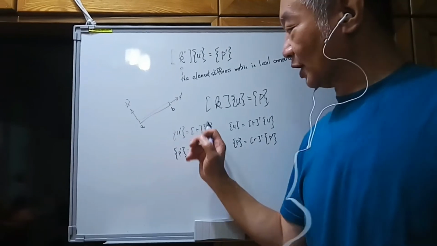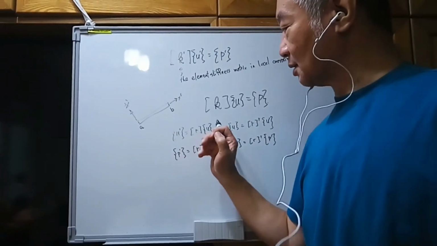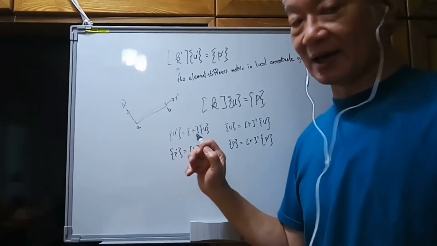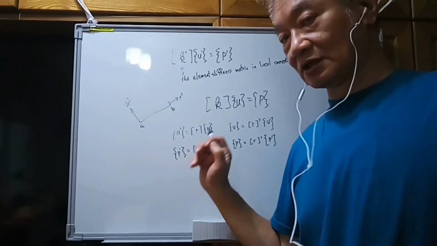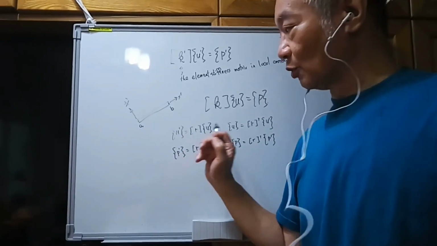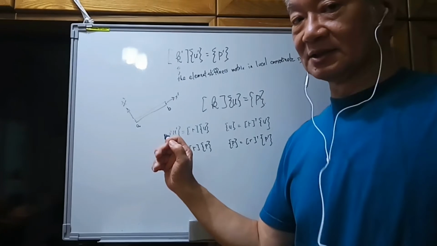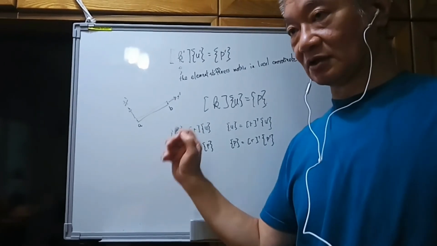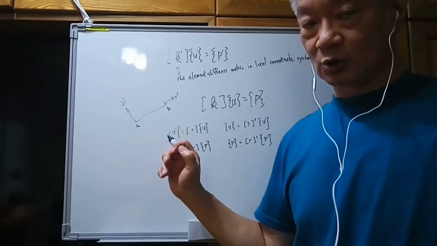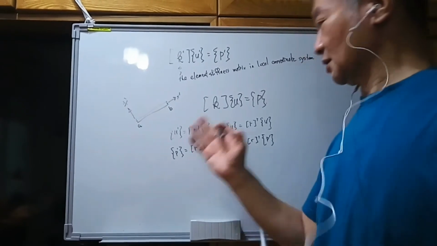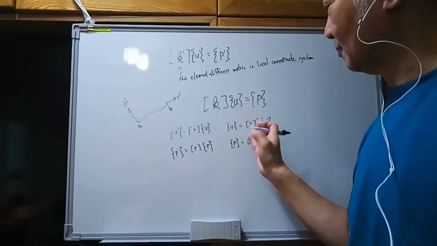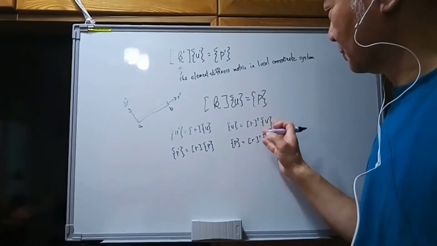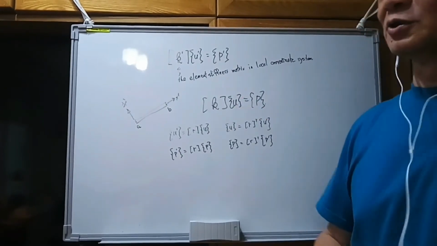Remember, whenever we multiply the R, we need to post multiply by the vector components in global. Then we can get the vector components in local. Reverse, we need to multiply the R transpose to the U prime to get the U.